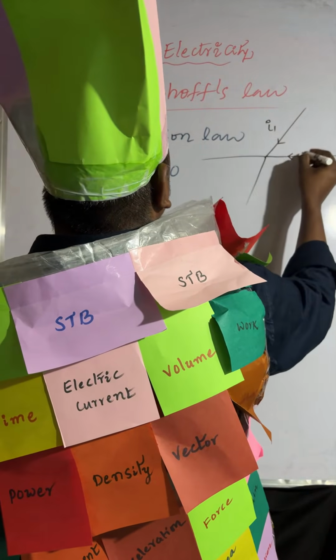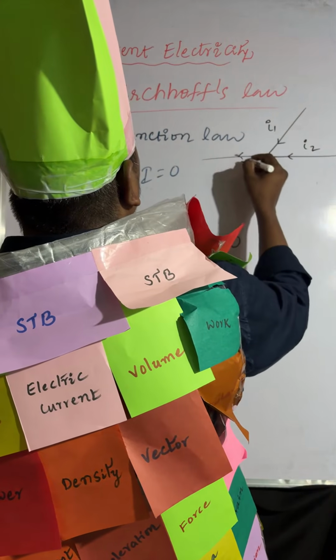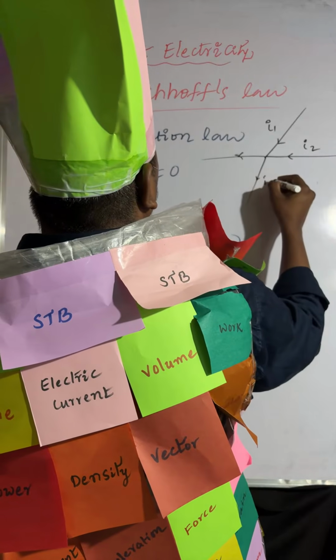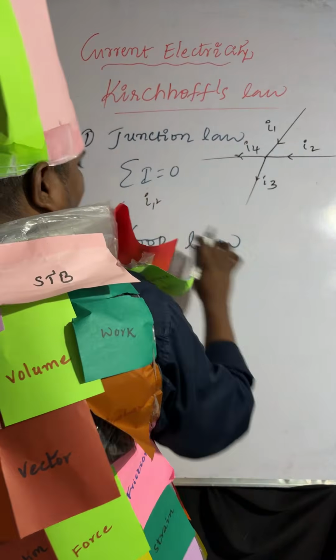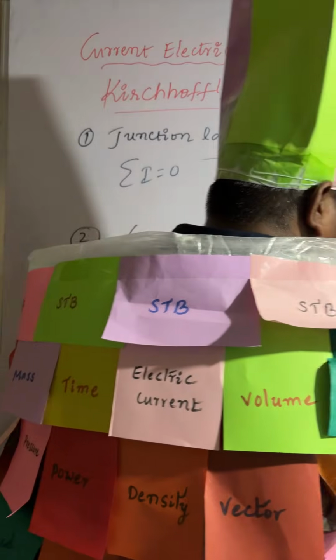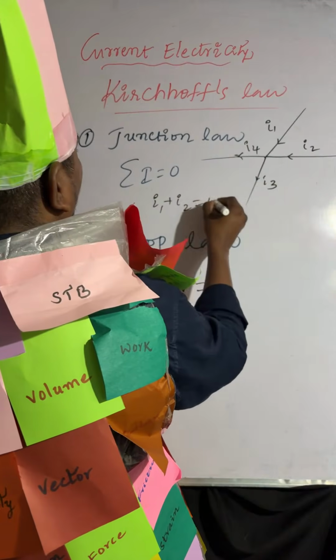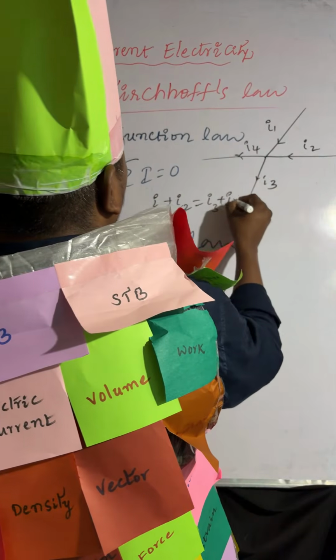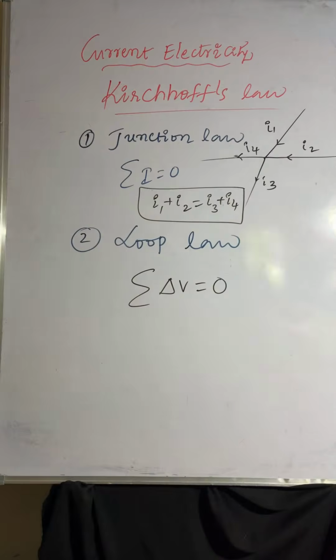I1 and I2 are moving towards the junction, and I3, I4 are moving away from the junction. Then I1 plus I2 equal to I3 plus I4.